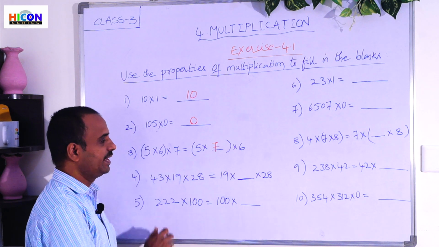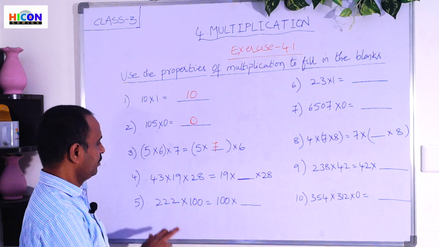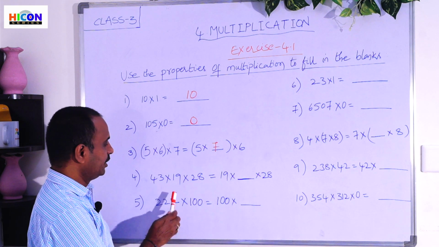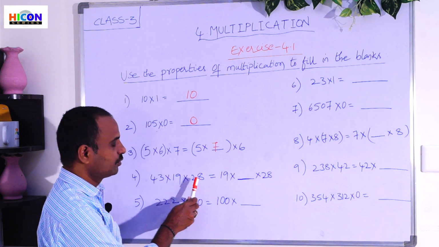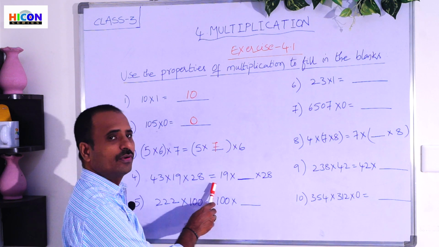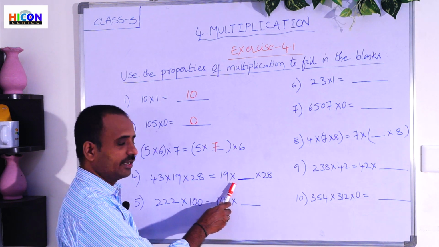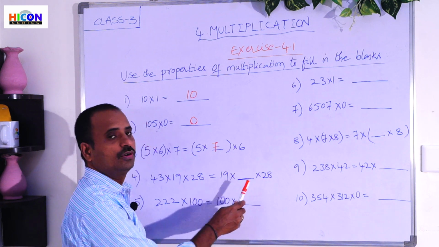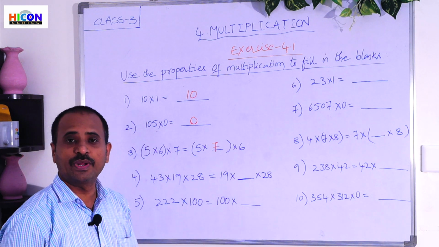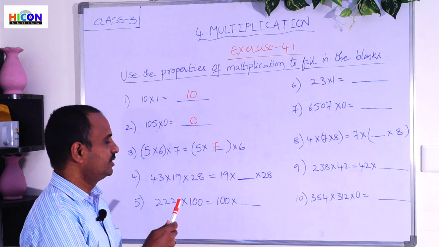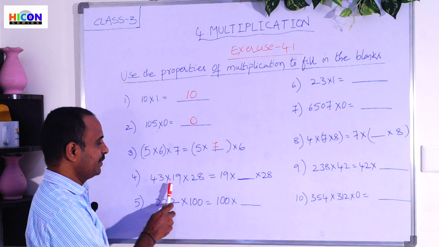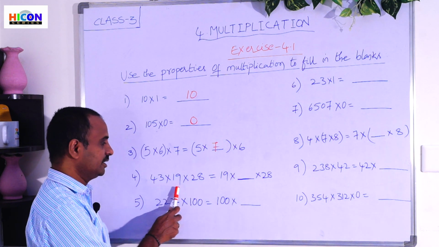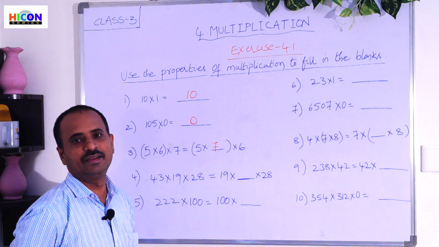Now go to the next blank. Children, see the blank: 43 into 19 into 28 is equal to 19 into dash into 28. Which number has to be written in the blank? Here also three numbers are given and these three numbers are multiplied.